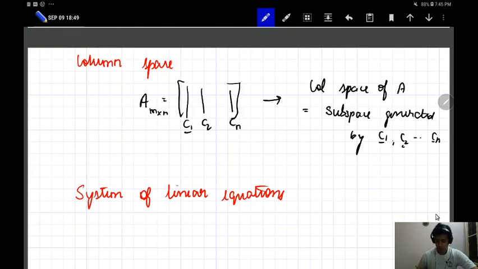Right? So we say that this is a subspace generated by C1 through Cn, or also sometimes the subspace spanned by C1, C2 up to Cn. So generated is the same as spanned.